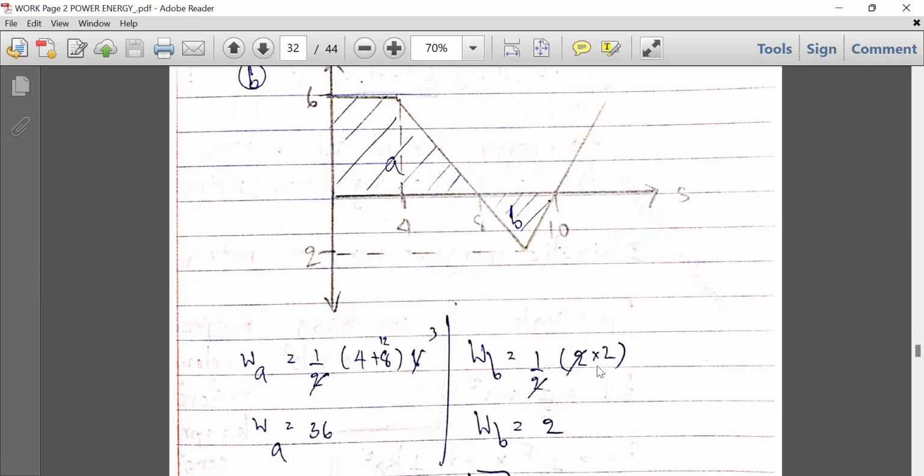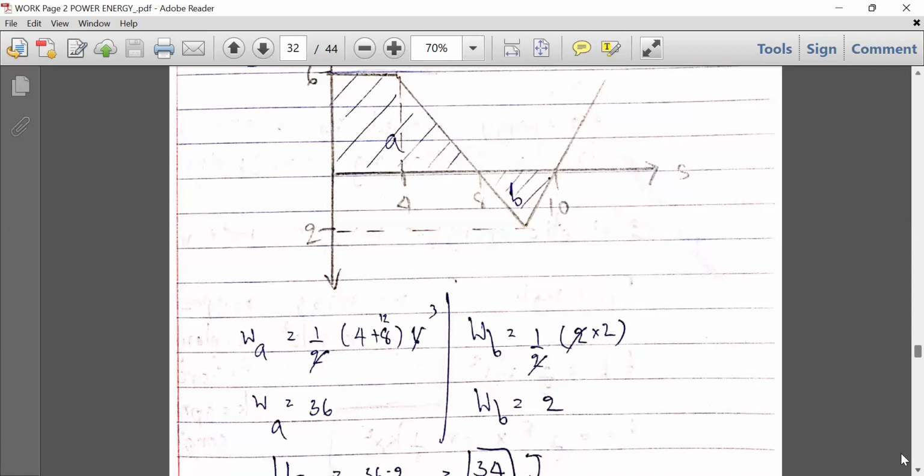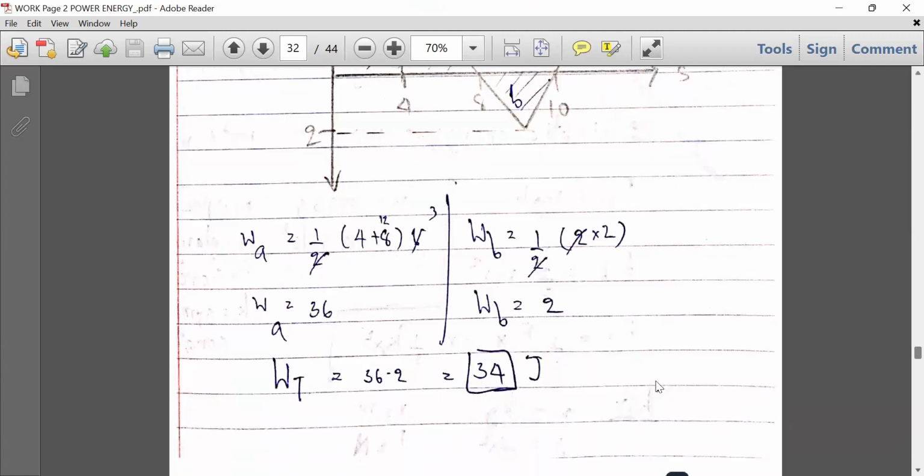This one is a trapezoid, so you use 1/2 base 1 plus base 2 times height. Here, work done is 2. Above the x-axis positive, below the x-axis negative. So what is the total work done here? That's WA minus WB. 36 minus 2 is equal to 34. So the total work done is equal to 34 joules.